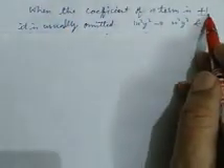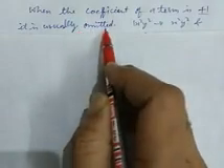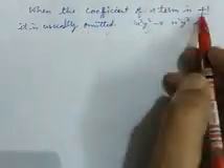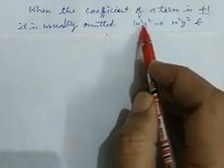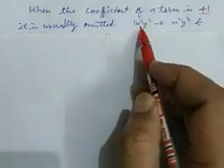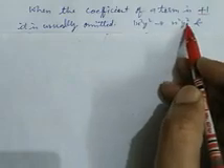When the coefficient of a term is plus 1, it is usually omitted. That is, it is not expressed. Like 1 into x square y square, we write this as x square y square.